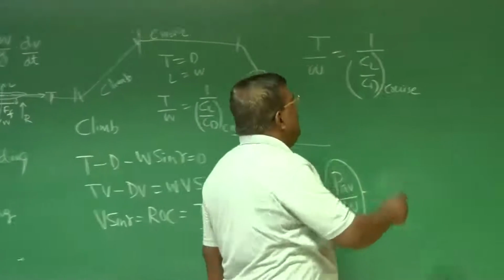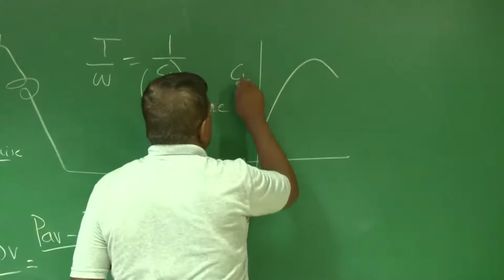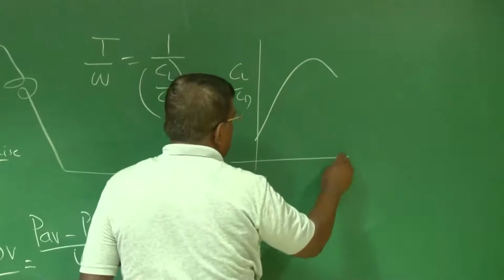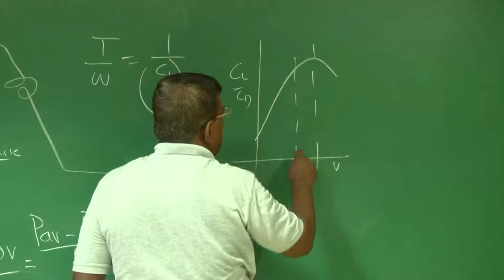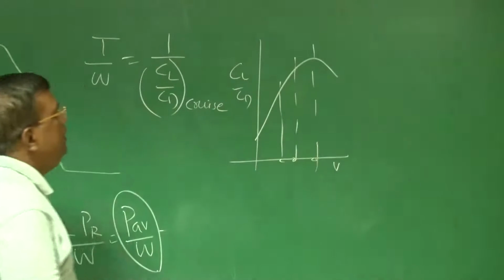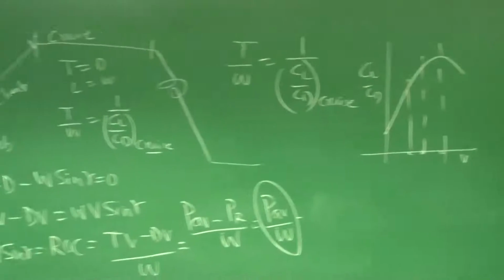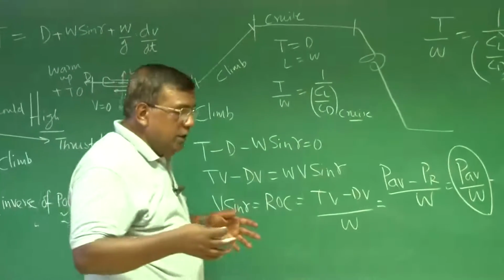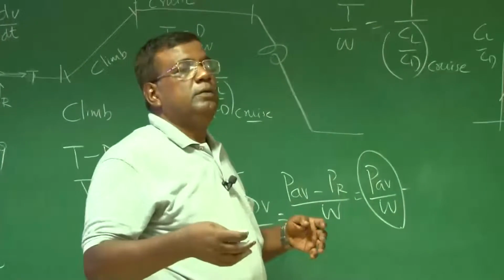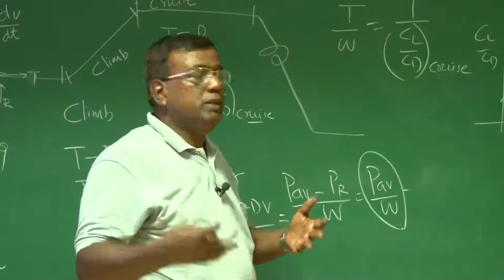But the important point is, if you plot CL by CD versus V, you will find you need to have a definite value of V to have CL by CD desired, right? That means your thrust loading should be enough to balance that. That is why we call it thrust matching.